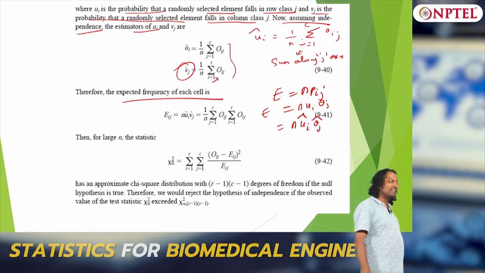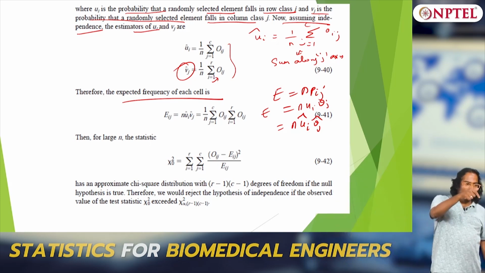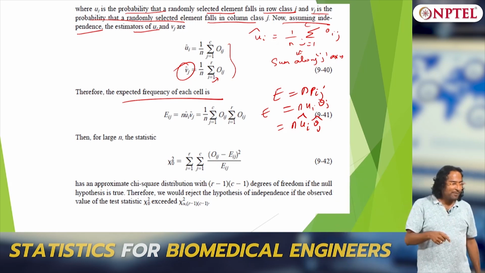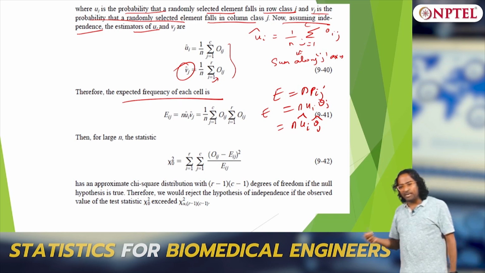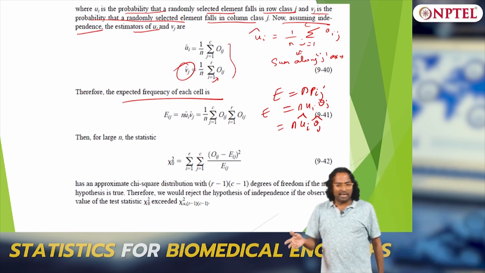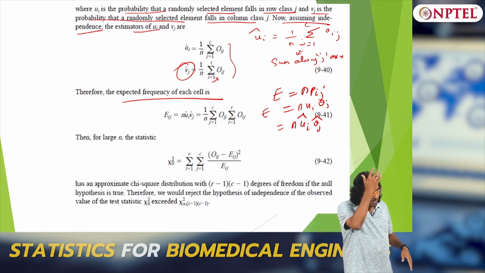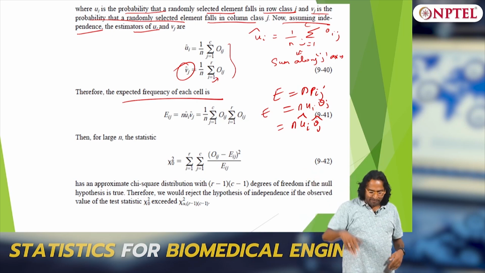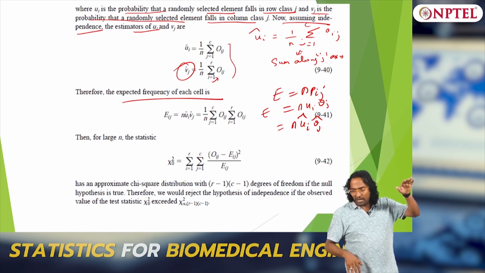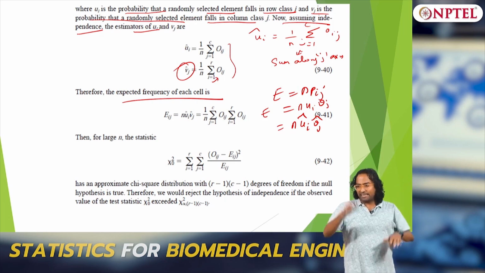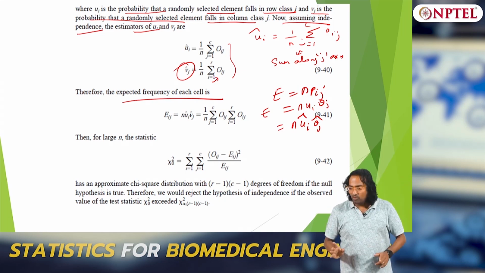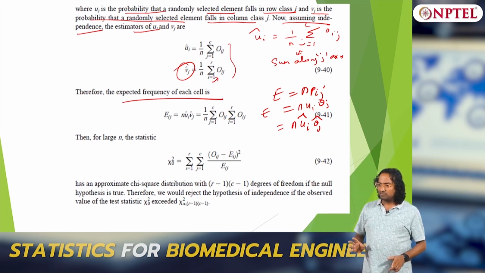Ideally the expectation is n Pij. I have assumed that the underlying population is independent, so Pij should be equal to Pi into Pj, or ui into Vj. The ui estimate is ui hat, which is based on observations summed along the jth axis, and Vj hat is the observation probability obtained by summing along the ith axis. So we have ui hat into Vj hat.